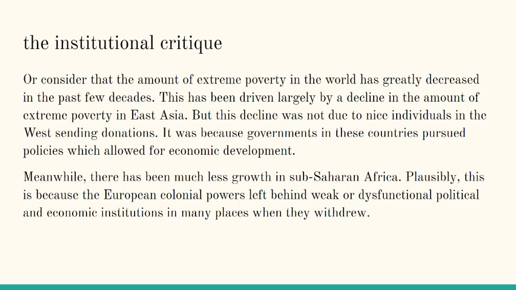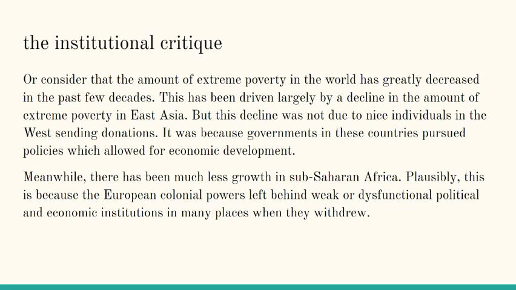The amount of extreme poverty in the world over the past few decades has gone down a lot. And that largely has been because it's gone down a lot in East Asia. In China, in South Korea, and Taiwan, Japan. Much less extreme poverty than there used to be. Still some, but much less than there used to be.